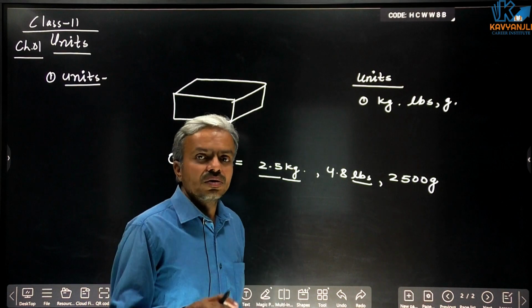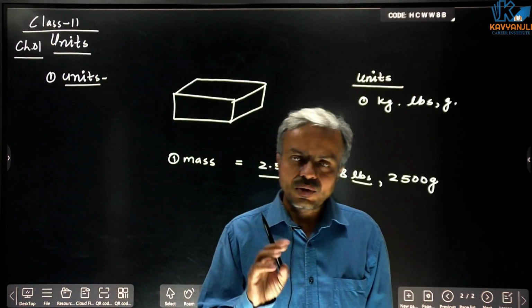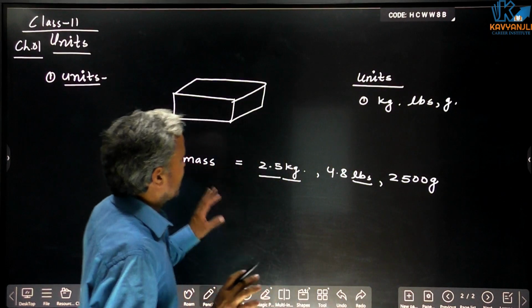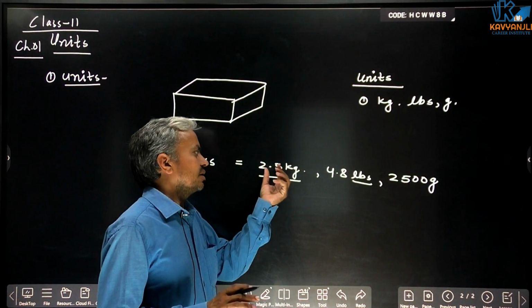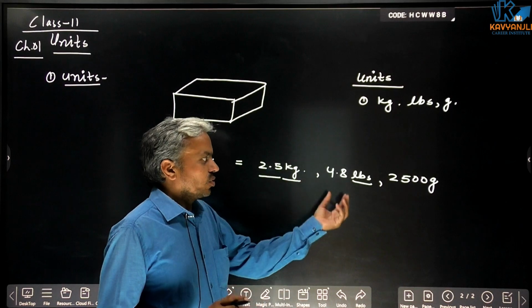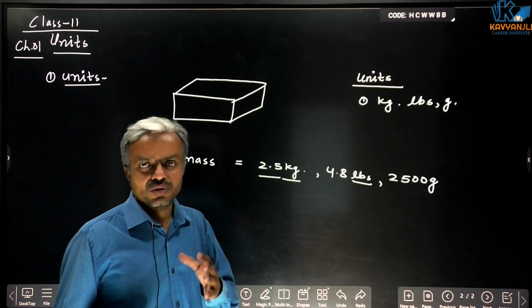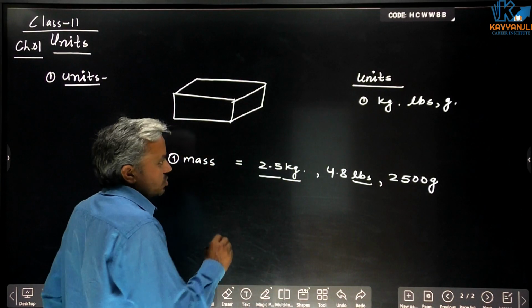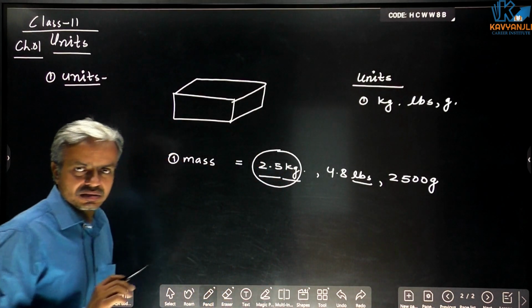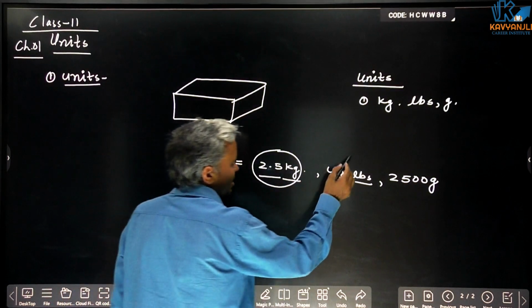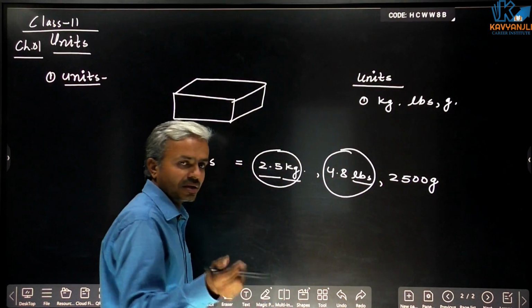So when we measure a quantity, when we measure an object, then we get a mathematical number and a unit. Mathematical number does not signify itself. If I say this object has the same mass, so this number and this number should be equal because we are measuring mass.